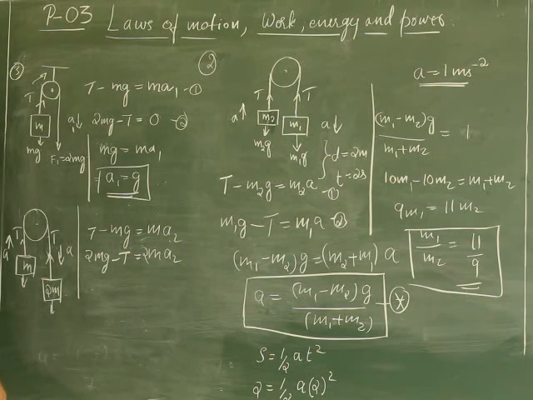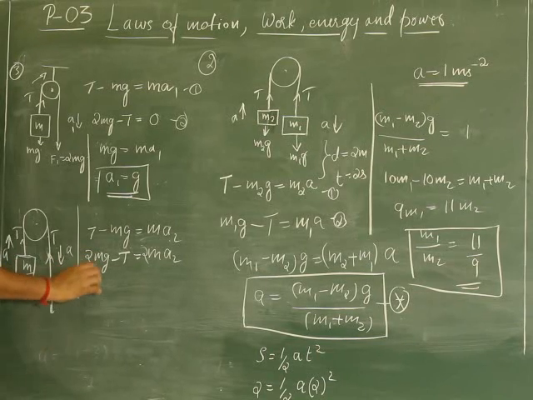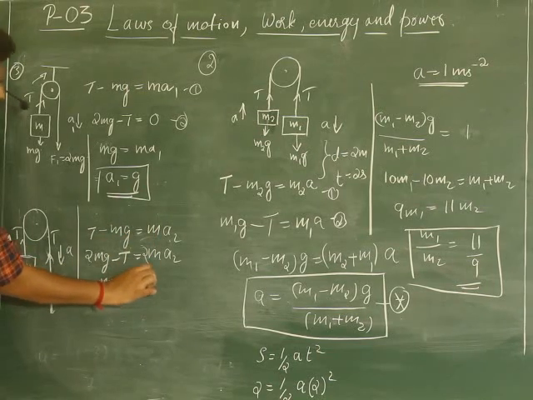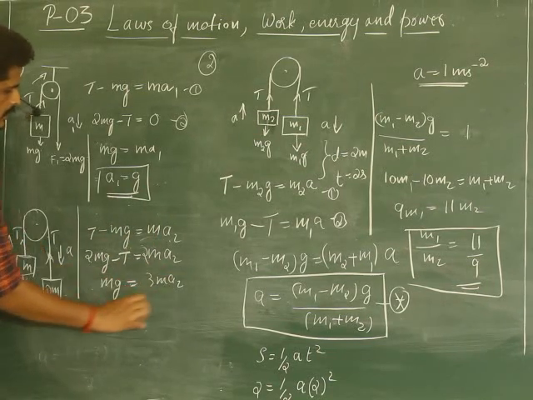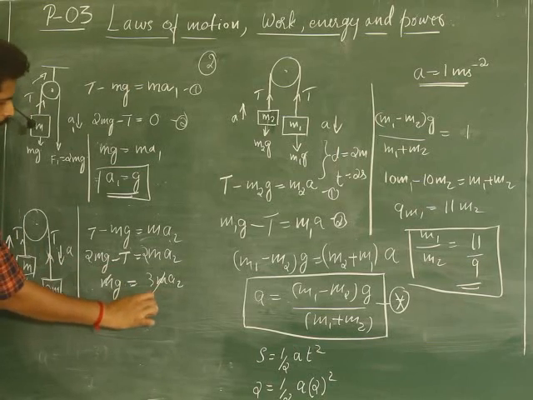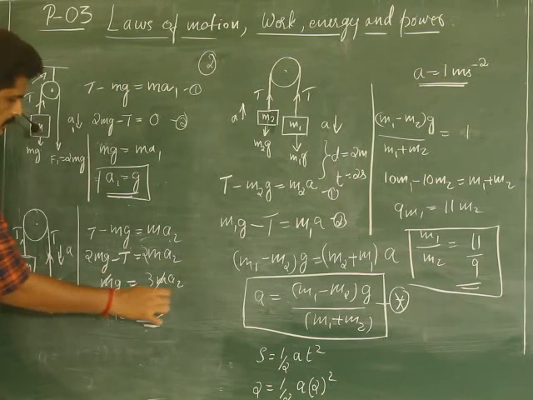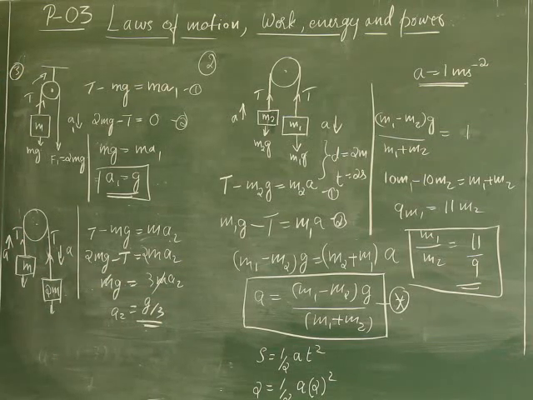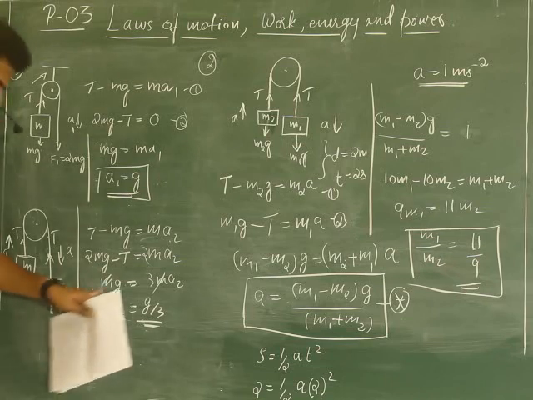Once I start substituting, I get 2mg minus mg equal to 3m A2. If you cancel m, A2 equals g by 3. That is the acceleration in the second case. I think you are getting this.